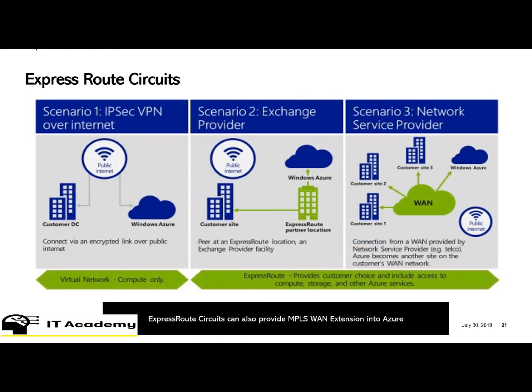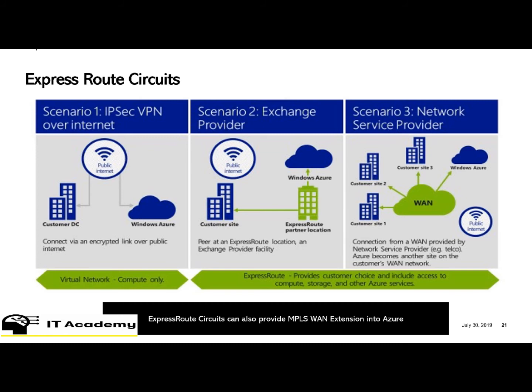There are three styles of site-to-site connectivity that we can achieve. If we're happy for our traffic to be sent over the public internet and encrypted using IPsec, it's fine to use just a site-to-site VPN to achieve that. We don't need an express route circuit to connect to Azure unless we need to have a private circuit that connects us to Azure.